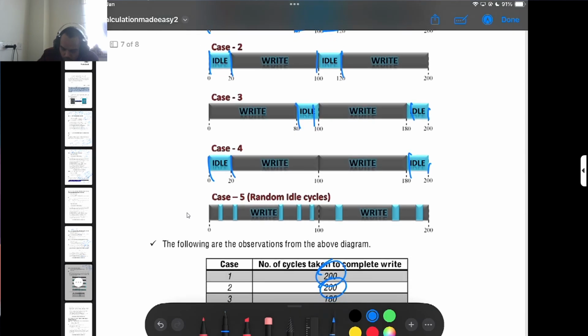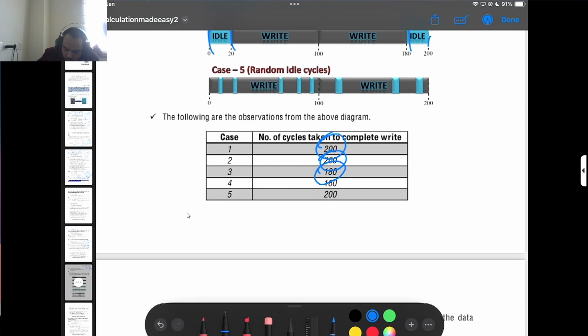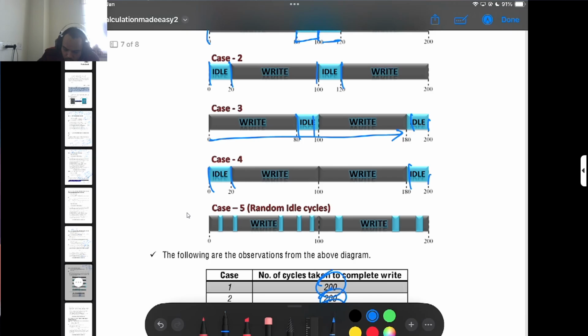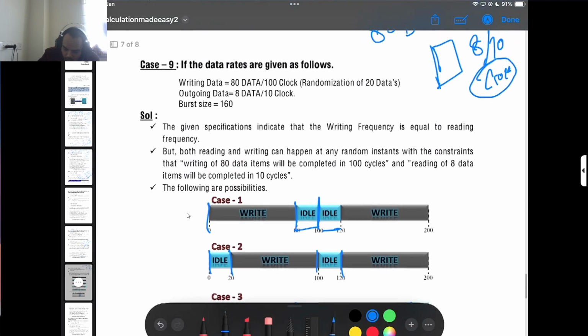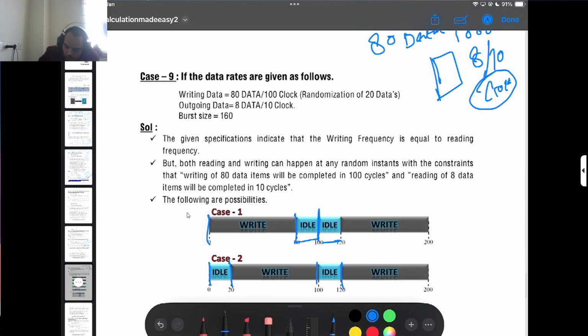So how is it 180? Okay, from here to here, for that reason I think 180, and case 4 is 160. Okay, total complete data. And why do we take 200? Let's see.